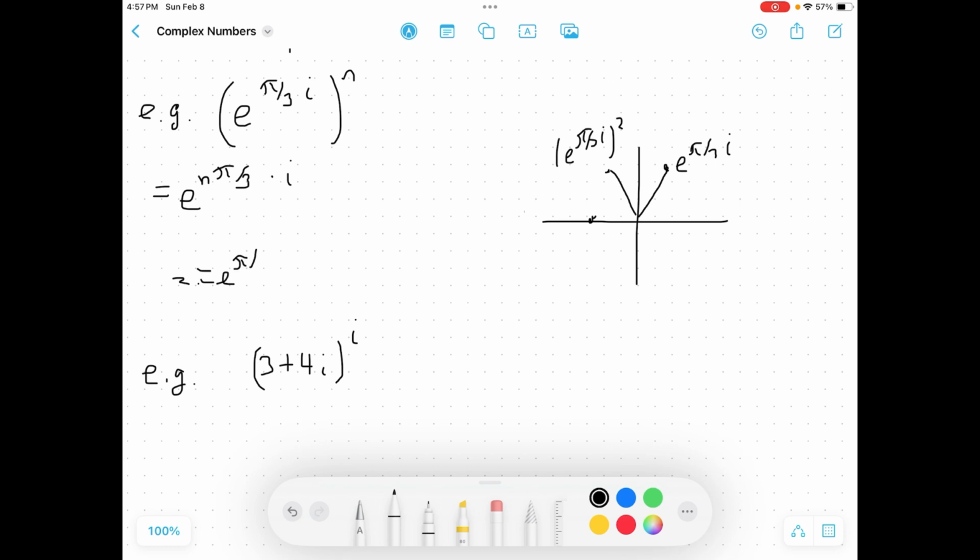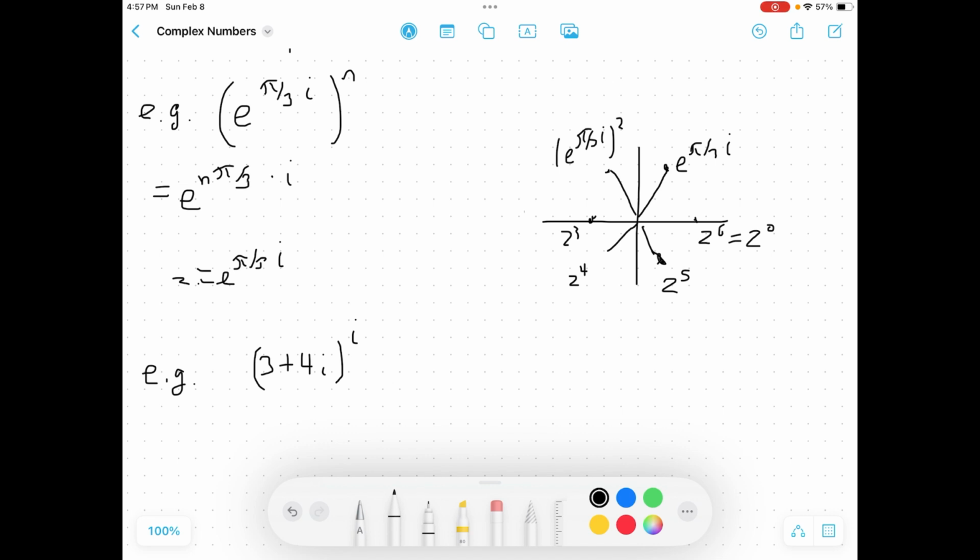But anyway, z to the third is right here. z to the fourth would be angle of 4 pi over 3. So this is z to the fourth. z to the fifth is somewhere over here. z to the sixth is going to be the same thing as z to the 0th. Back to the real axis. So raising to powers, as long as we've got a modulus of 1, just rotates.